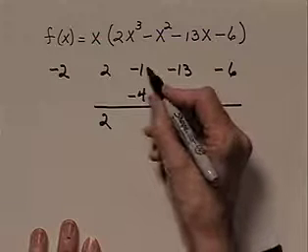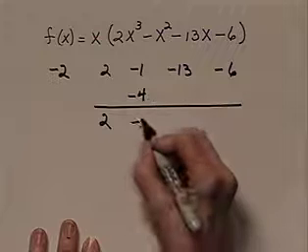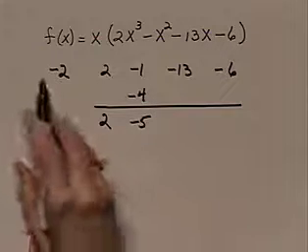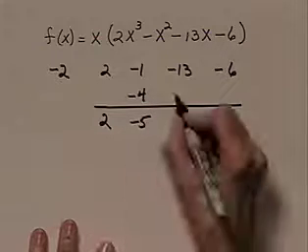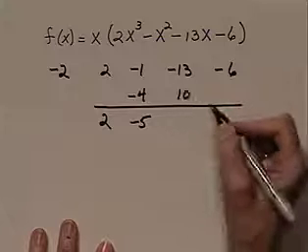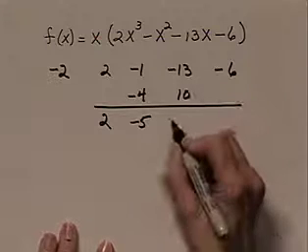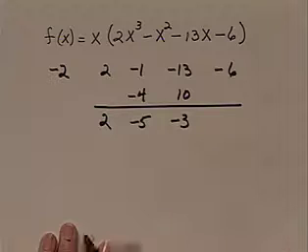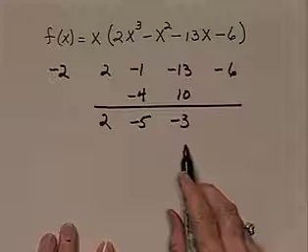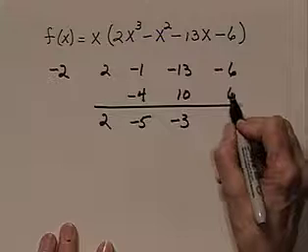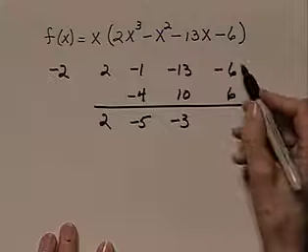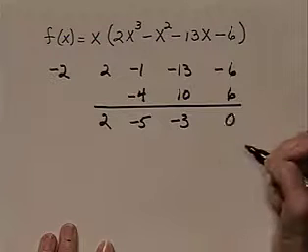Put the -4 under -1. Now let's add. We'll have -5. -2 times -5 is 10. We place the 10 under the next number, -13, and add. That gives us -3. And -2 times -3 gives us a +6. We put the 6 under the -6, and the sum of the two is 0.